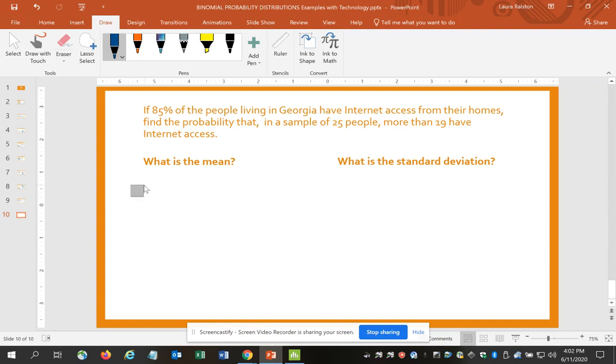And remember, the mean is the sample size times the probability of success. So we would have 25 times 0.85. So we would expect 21.25, roughly 21 homes to have internet access.